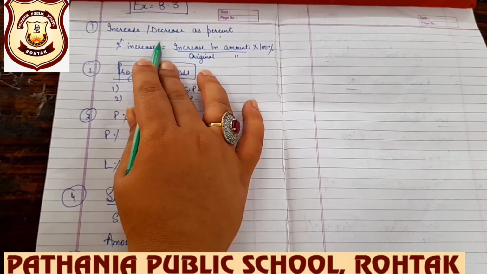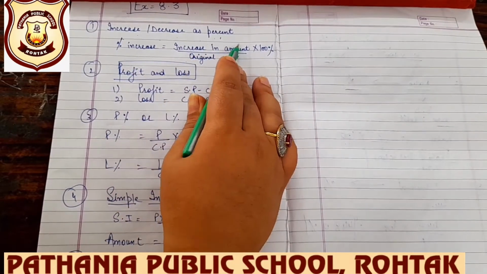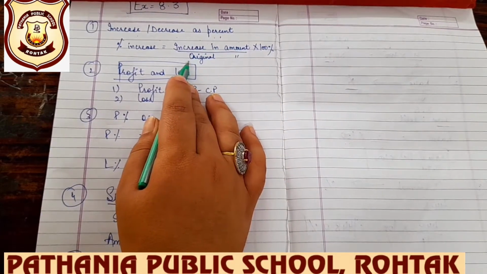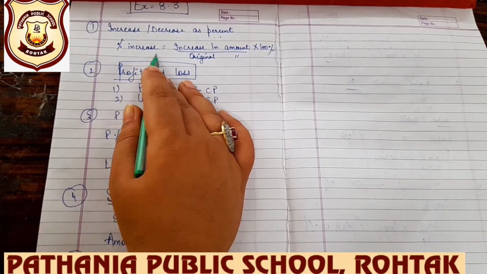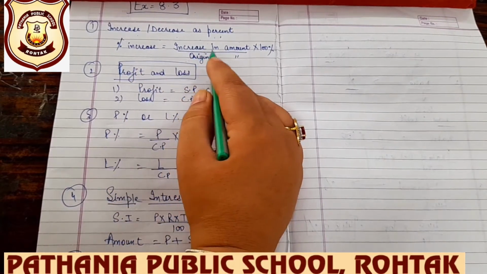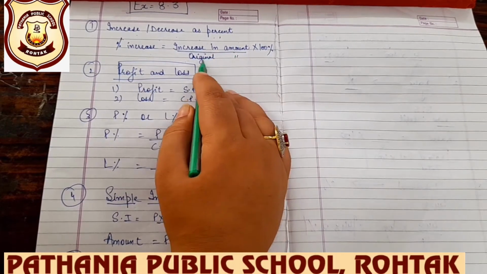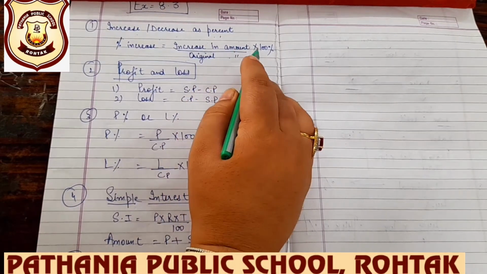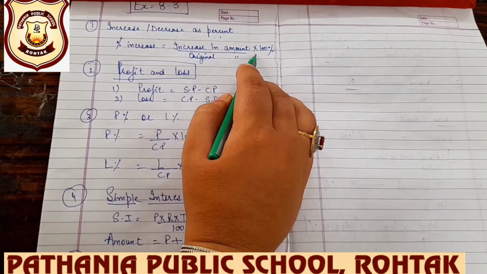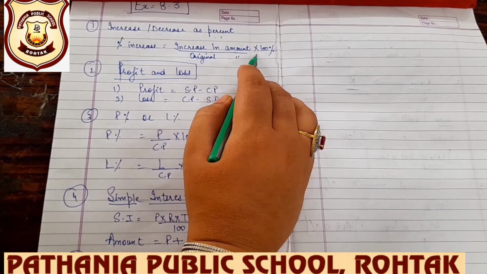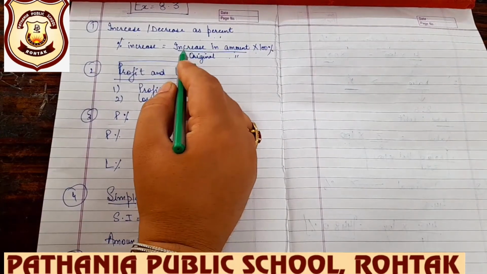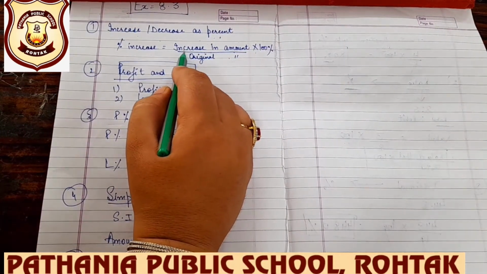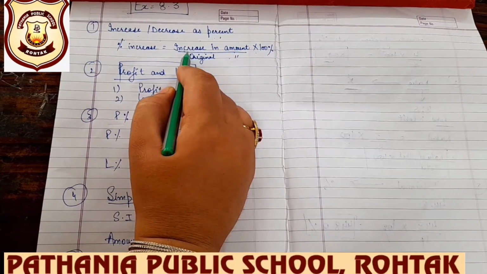If there is increase or decrease in percent, which formula will you apply? The formula for percentage increase is increase in amount divided by original amount into 100%. The same formula you will apply for decrease percent. Only here, instead of increase you will write decrease.